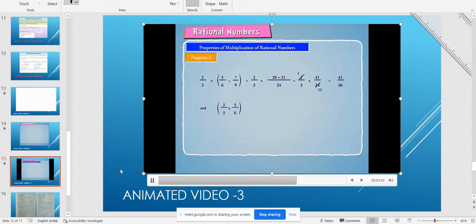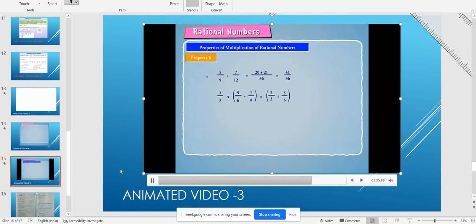And 2 by 3 into 5 by 6 plus 2 by 3 into 7 by 8 is equal to 5 by 9 plus 7 by 12, which is equal to (20 plus 21) by 36, which is 41 by 36. Thus, 2 by 3 into (5 by 6 plus 7 by 8) is equal to 2 by 3 into 5 by 6 plus 2 by 3 into 7 by 8.